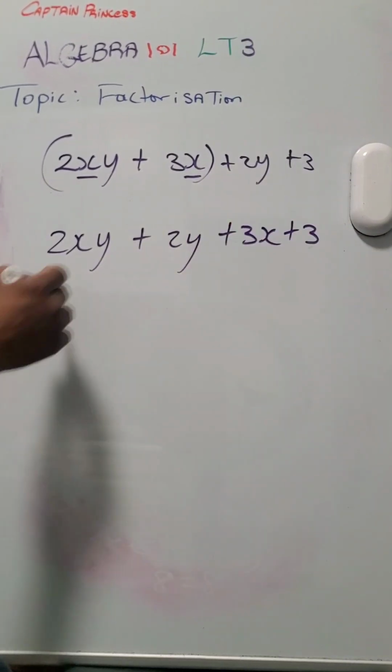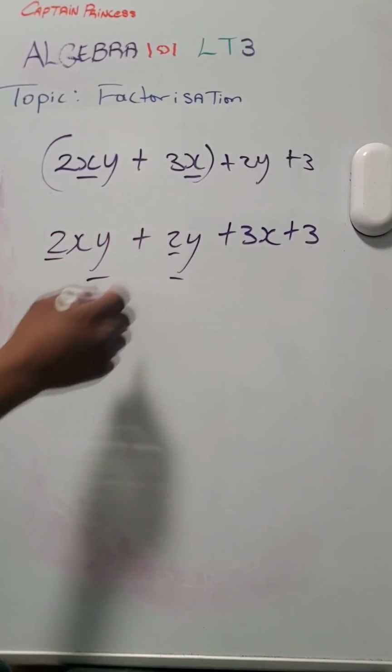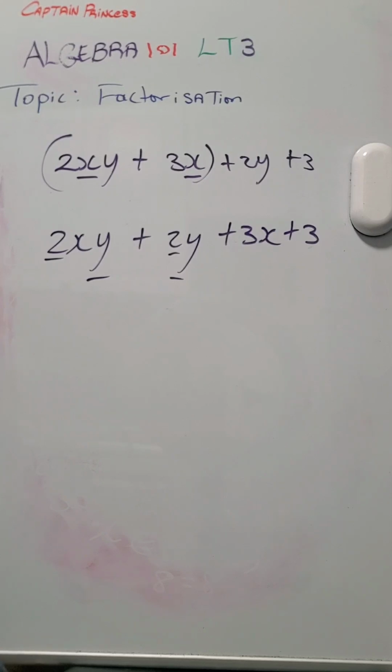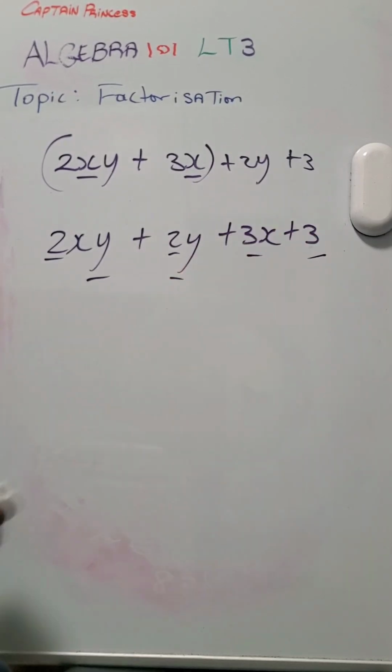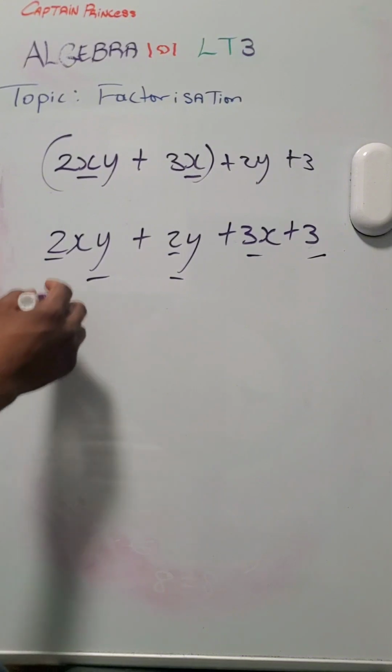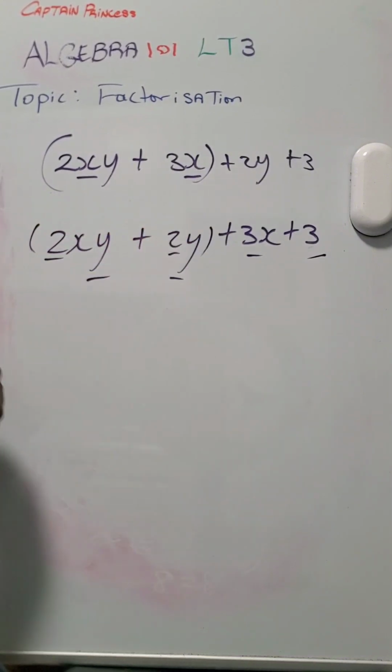We know that 2y is common to the first two terms, and for the other two we have the 3 common to both terms. So if we do factorization by regrouping, having already rearranged the expression to have two or more variables being the same in each term, then we can go ahead and do the factorization.